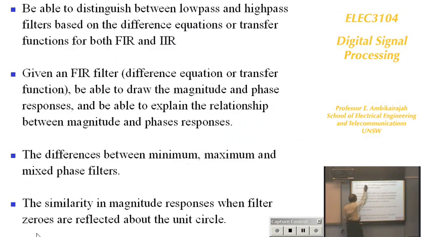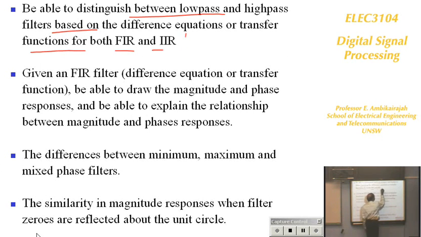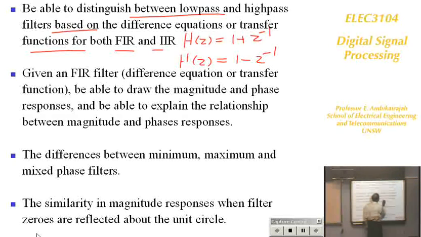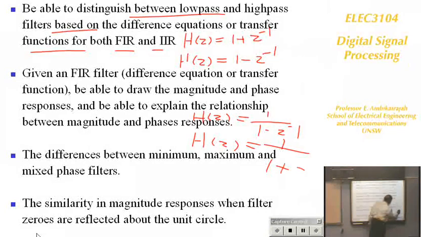You should be able to distinguish between a low-pass and a high-pass filter based on the difference equation or the transfer function, for both FIR and IIR. So, for example, H(z) equal to 1 plus z^-1, H(z) equal to 1 minus z^-1, H(z) equal to 1 over 1 minus z^-1, and then H(z) equal to 1 over 1 plus z^-1.